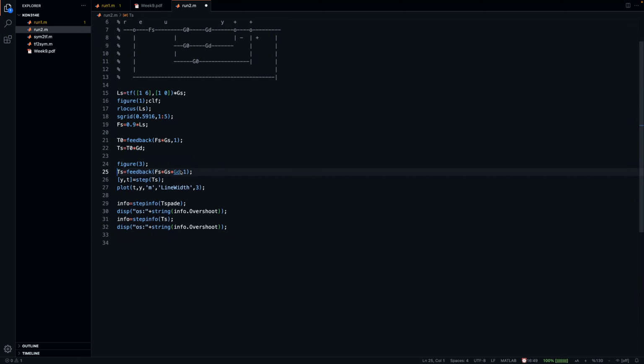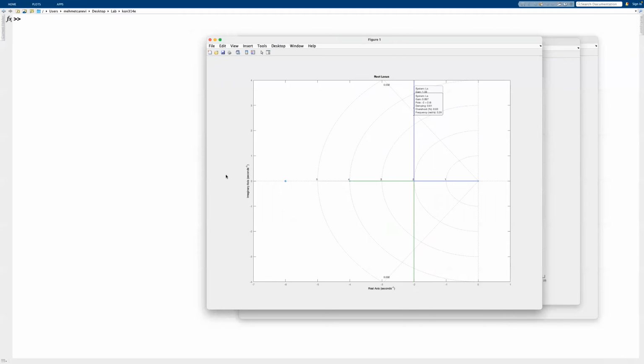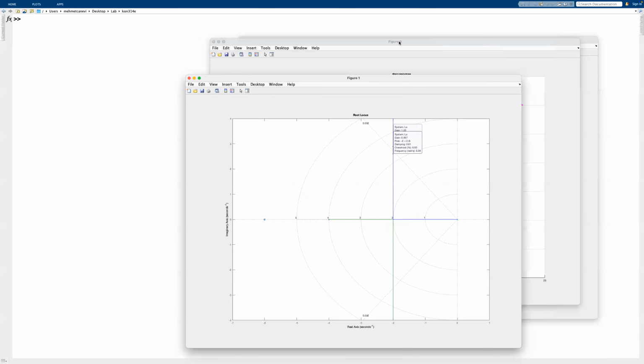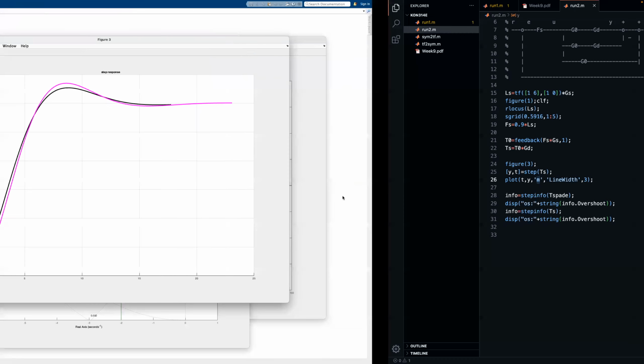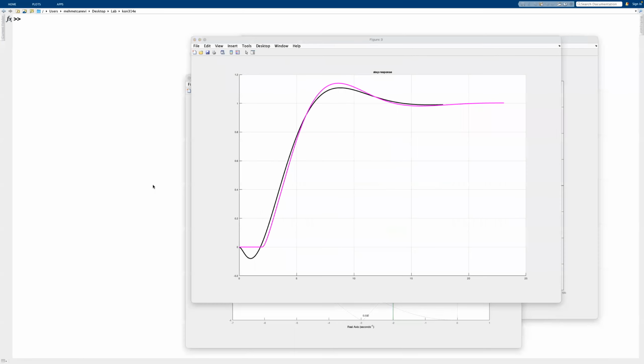We already have TS. So the step response, let's see. Okay, red seems to be a good color here. And I want to also see what the overshoot value is going to be. And that should be it, actually.